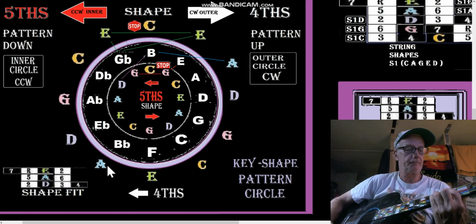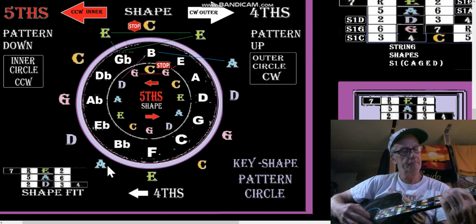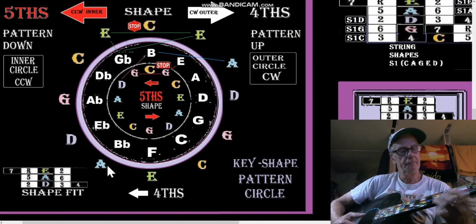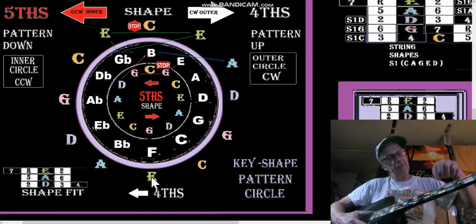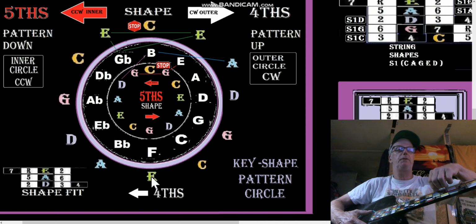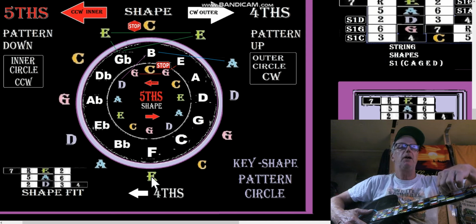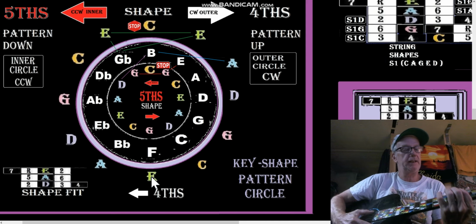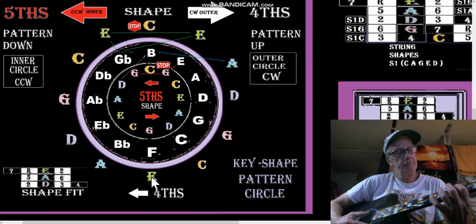So we've got now when we go to the C, we're going to be moving the F pattern down, which is effectively taking the 2nd string and moving it to the 1st string. The 2nd string is the 5th of the string shape of the 1st string. So if we're on the E shape for the beginning, the 5th of E is our augmented C shape.